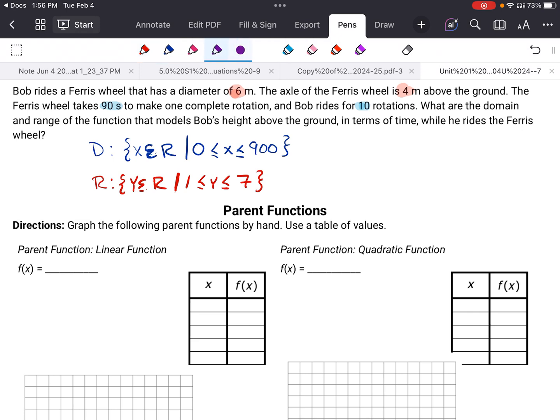If you're not understanding that, here's the Ferris wheel. The middle line is 4, and it needs to go up 3 and down 3 to give us a diameter of 6. So that means max is 7, min is 1.